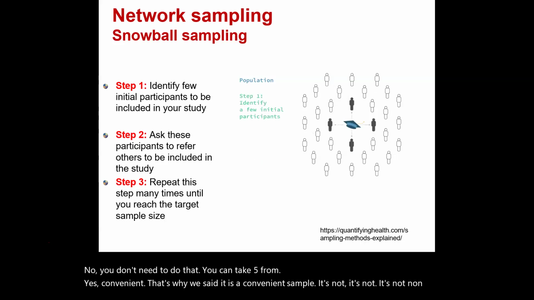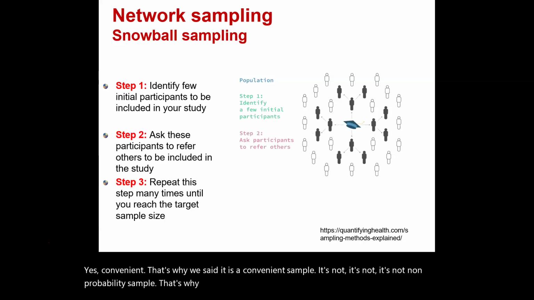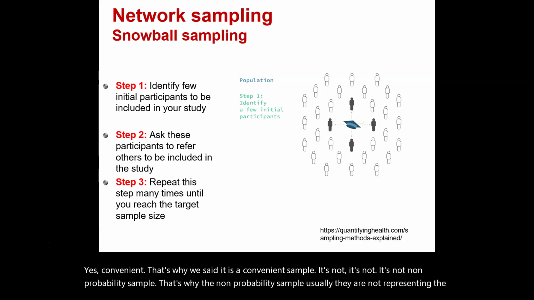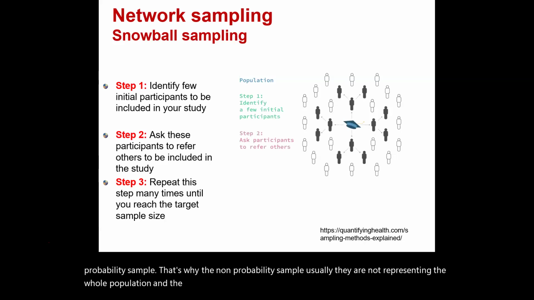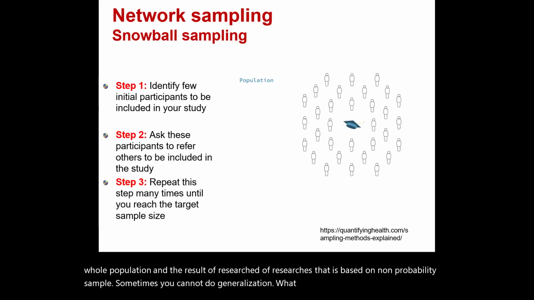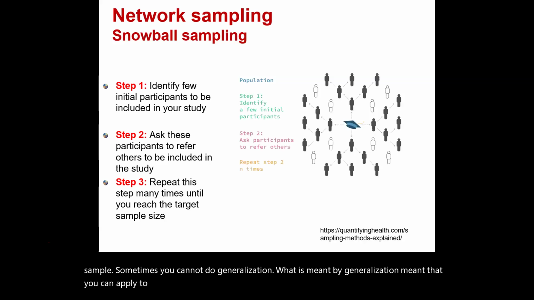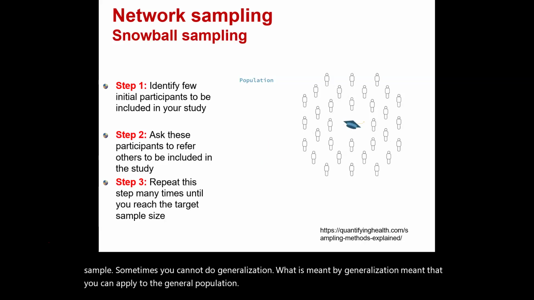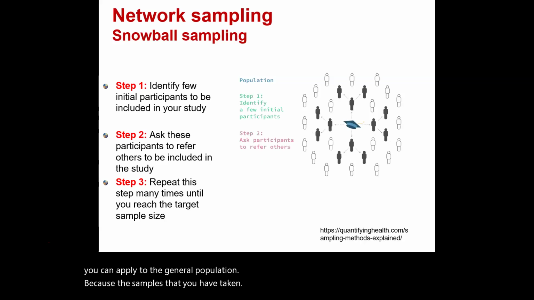That's why the non-probability samples usually are not representing the whole population. And the results of research that is based on non-probability samples, sometimes you cannot do generalization. What is meant by generalization is that you can apply it to the general population, because the sample that you have taken is not representing the whole population.